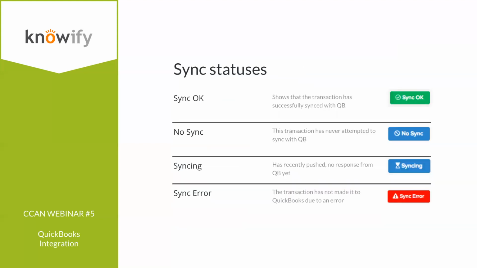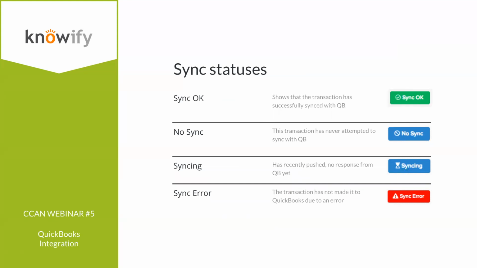Also, when you're syncing with QuickBooks, you'll get this extra button set on each transaction that should be syncing that just shows you the status of where we stand on this. Sync OK is obviously pretty straightforward. It's just letting you know that the transaction that's been created in Knowify is now in your QuickBooks account. And clicking on Sync OK will actually give you the option to open up QuickBooks to that specific transaction.